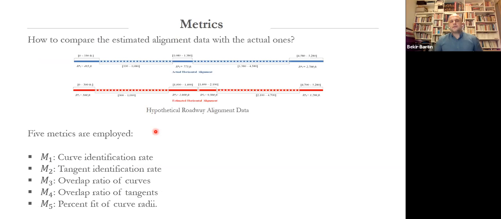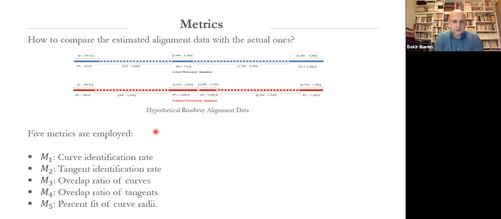Now, how do we evaluate the efficiency of any horizontal alignment extraction method? For this one, we're using 5 different metrics. In order to illustrate how they work, I have this hypothetical roadway alignment data.